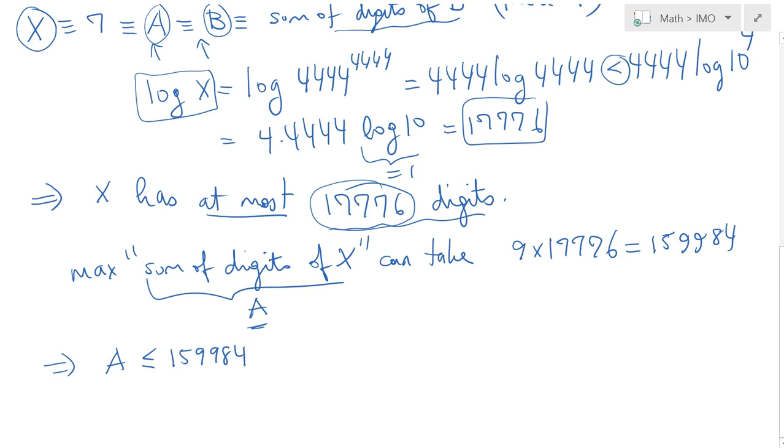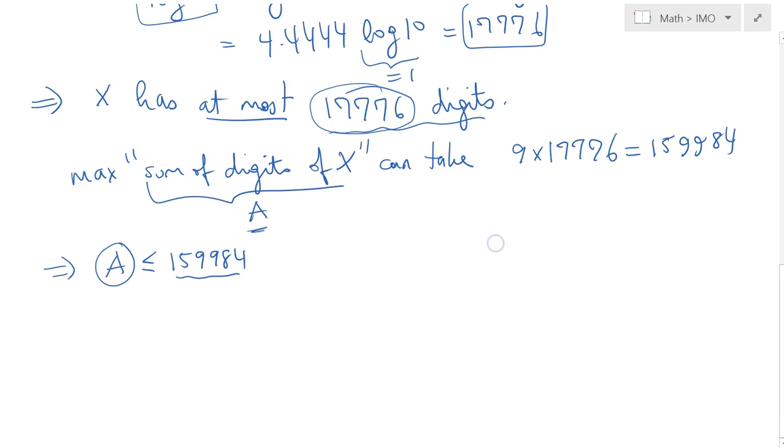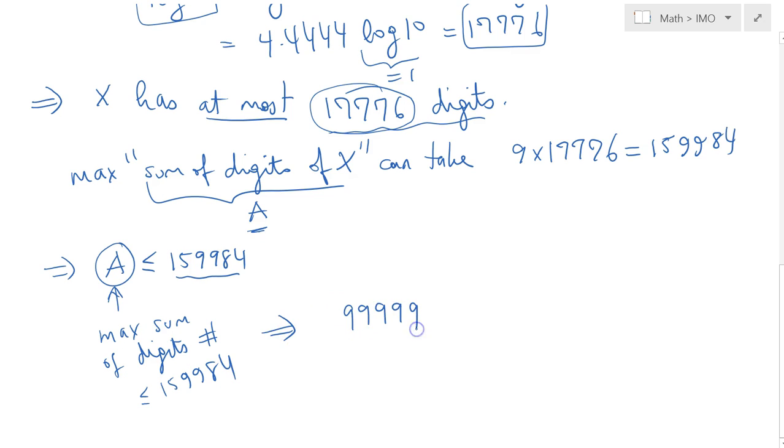159,984. But then when you look at the numbers less than or equal to 159,984, the one with the maximum sum of digits is simply 99999.